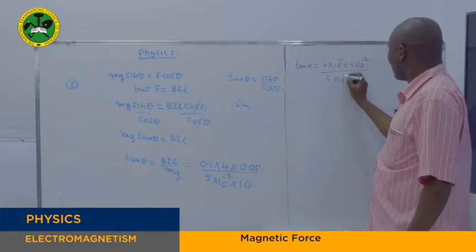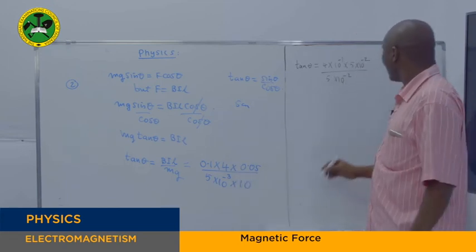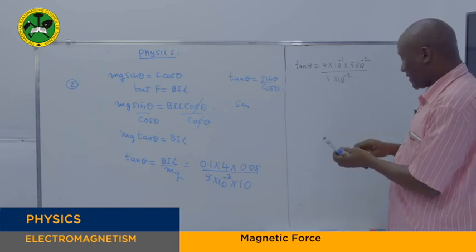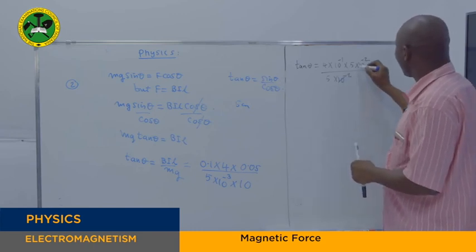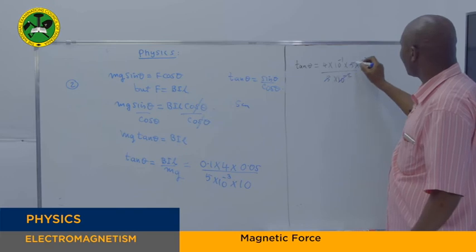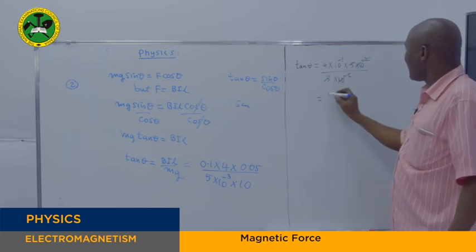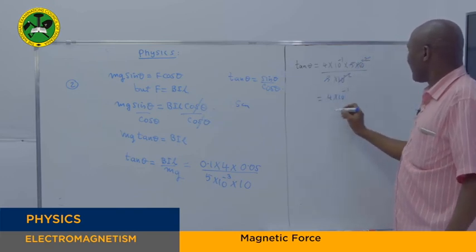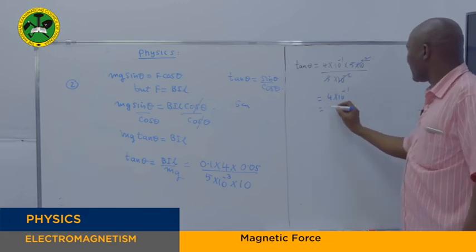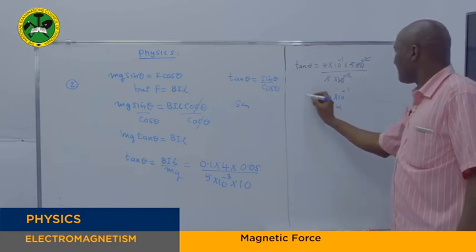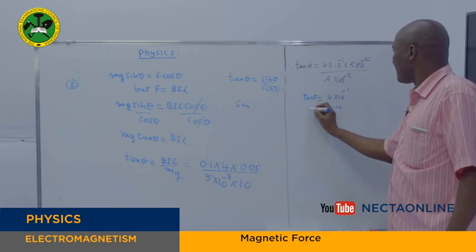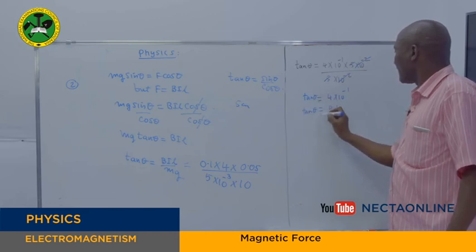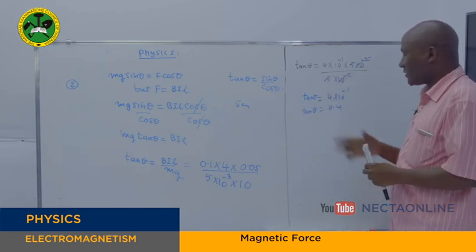The negative 2 powers cancel out, very easy, and what we are left with is 4 times 10 negative 1, which equals 0.4. So tan theta equals 0.4. Check your calculator.